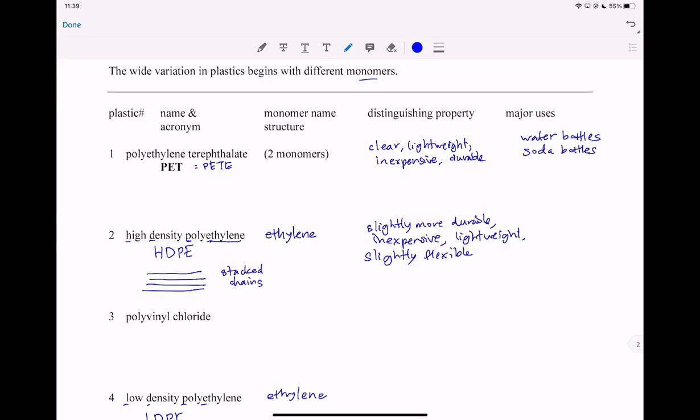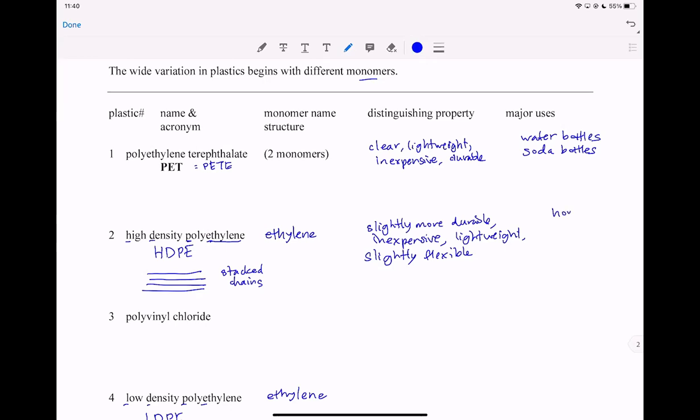So it's good for something like milk, or this is isopropyl alcohol. It's good for other types of solutions that you're storing in there that might need more durability because there might be a chemical reaction. So this is slightly more durable, and it's still kind of flexible. You can squeeze this one and it's not going to break. Okay. And that is useful for household containers.